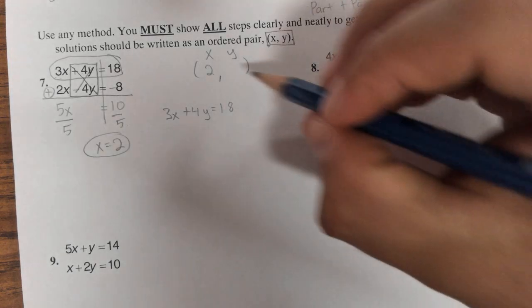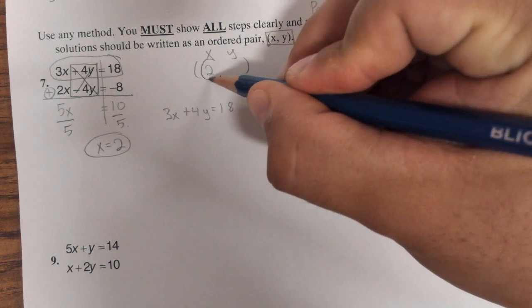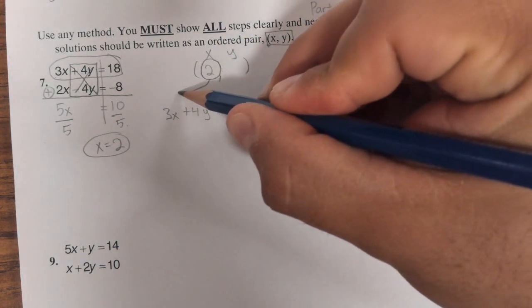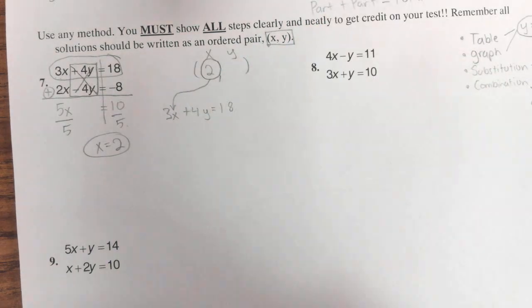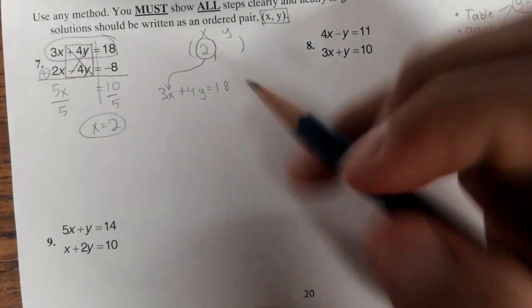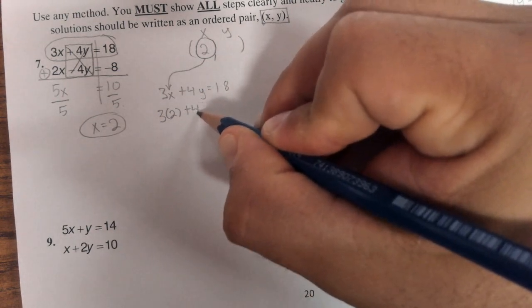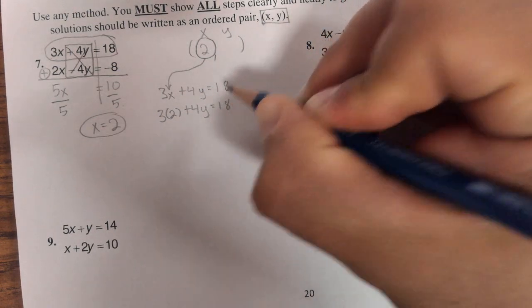I now know for a fact in my solution that x has to be 2, so we take that value and we plug it in for x. I'm going to go ahead and rewrite that step. So now we have 3 times 2 plus 4y equals 18.